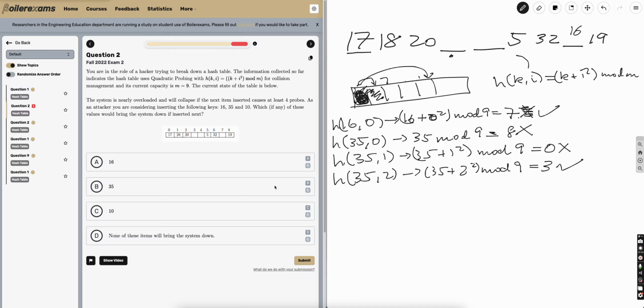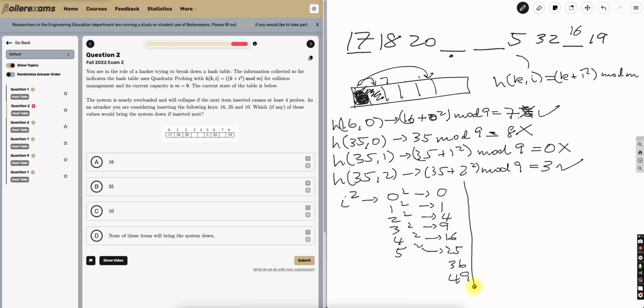You can see that i is incremented every time, so it will be 0 squared, 1 squared, 2 squared, 3 squared, 4 squared, 5 squared. Those equal 0, 1, 4, 9, 16, 25, 36, 49.